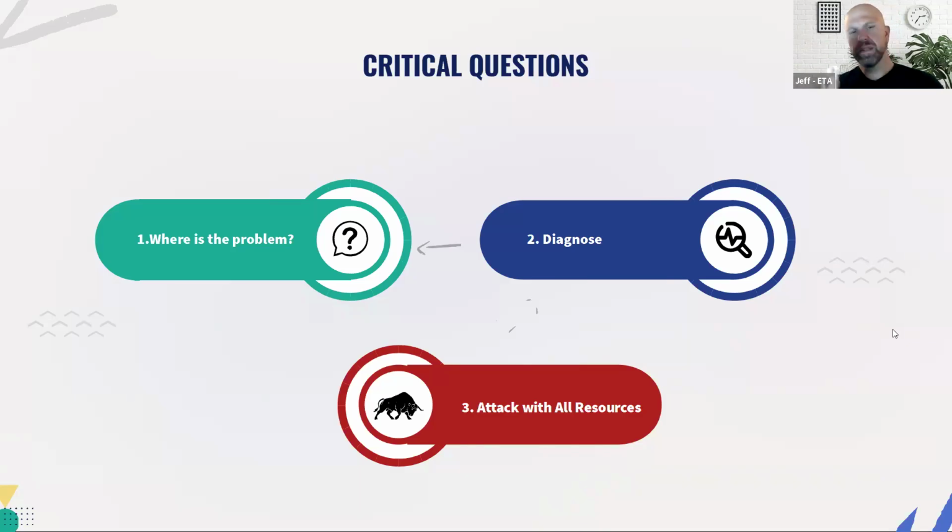Then step number 2 is once I find out where the problem is, I diagnose what is the problem here. So that takes looking into a little bit of numbers, maybe talking to your clients, doing a little bit of research on industry norms for the service you provide. And then once I've diagnosed that, like, no, this part's good, but this part needs some work, I attack the problem with all my resources.